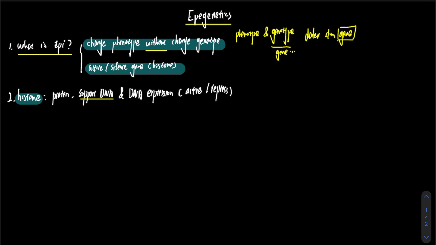So that's how the histone can change the expression of DNA. It can activate or repress. We can also cause silencing of gene expression. So that's how we can control epigenetics, or control the expression of genes.